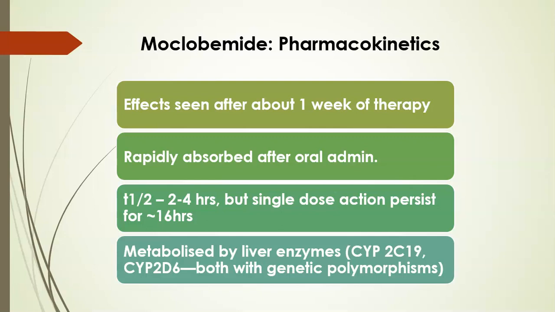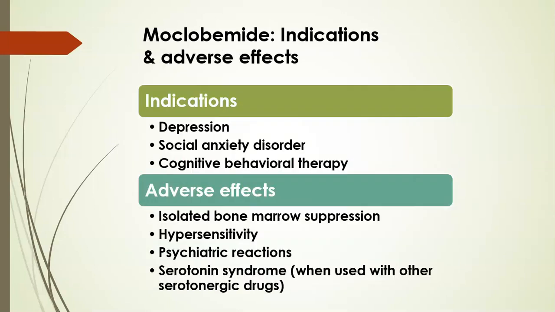Again, it's metabolized by the cytochrome P450 enzymes, and both subtypes of the enzymes involved in the metabolism of this drug have genetic polymorphisms. So it becomes harder to determine the actual concentrations of these drugs in the patients because of this variation. So again, a little bit of a problem there.